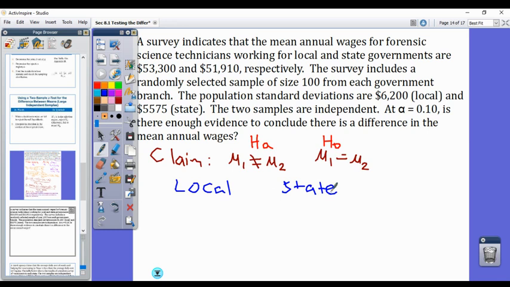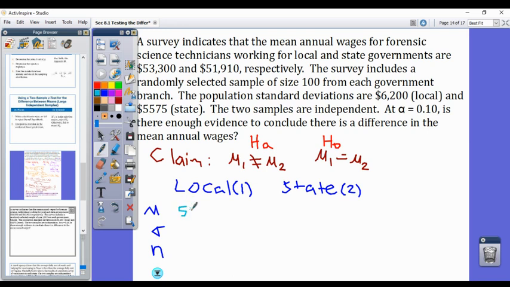So anytime I plug in, you'll know what I'm talking about. Then I'm going to write down my mean, my standard deviation, and my sample size. Seems kind of silly to write down the sample size since they're the same, but I'm going to write it down anyway.